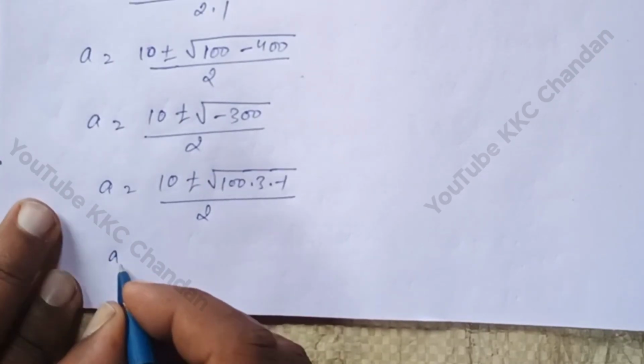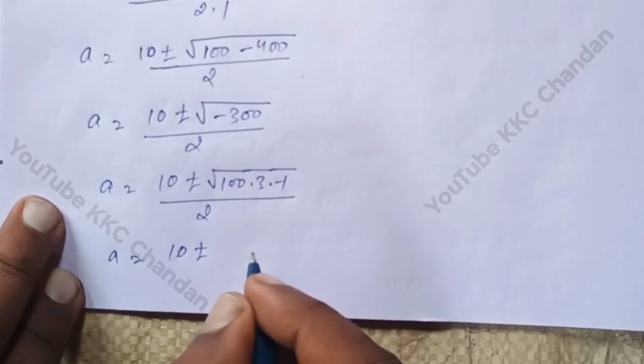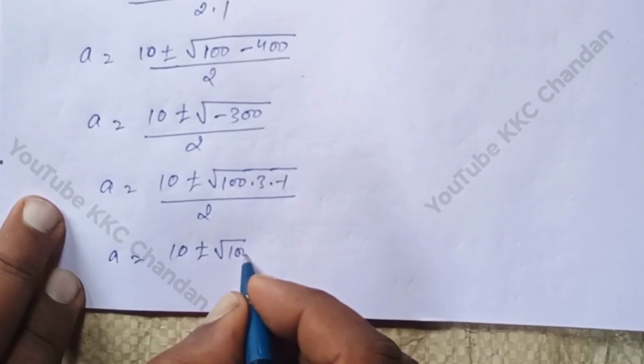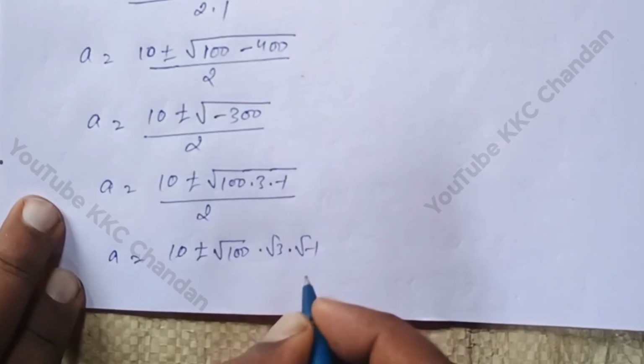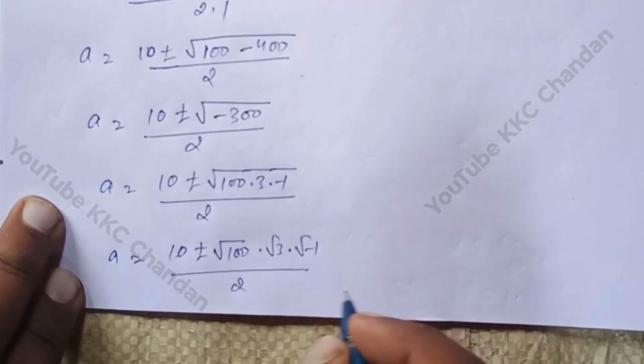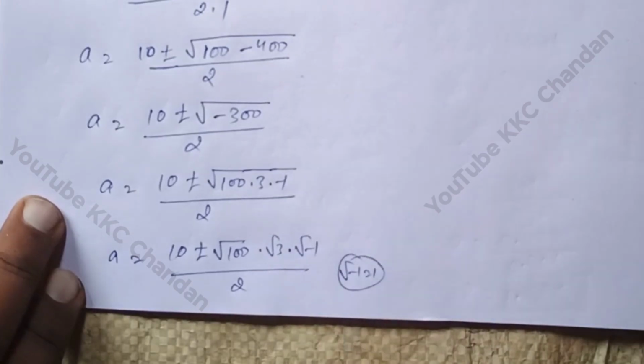After the next step, a is equal to 10 plus minus, see here, root 100 into root 3 into root minus 1, divided by 2. We know that root under minus 1 value is i.